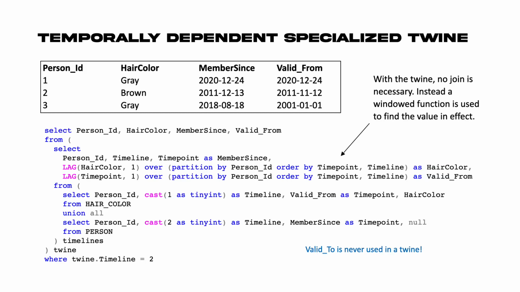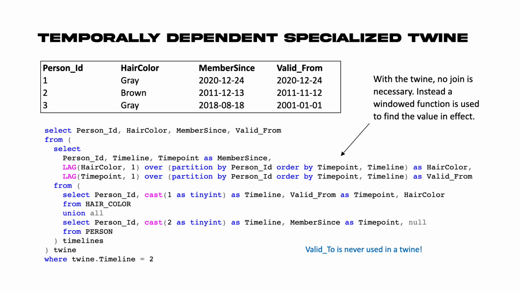So what we do, and I'm going to call this a specialized twine because it's not going to work for all cases, but in this particular case it will work. And with a twine, we do not have to do a join at all. So what we start by doing is to produce this joined, or this combined timeline by doing a subselect, that we do a union between those 2 different timelines that we have.